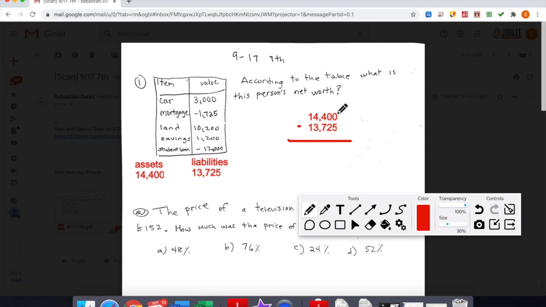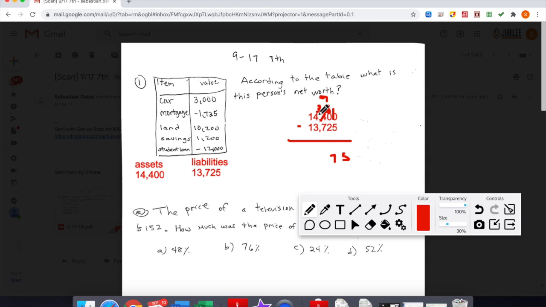So we can't take away 5 from 0, so we have to borrow. We can't borrow from 0, so we're going to have to borrow from 4. Ten minus 5 is 5. 9 minus 2 is 7.